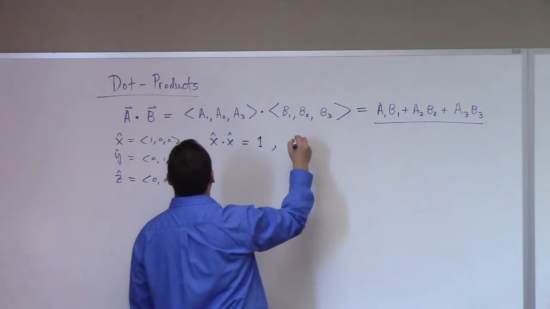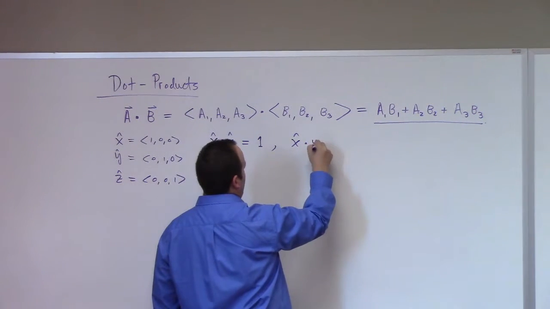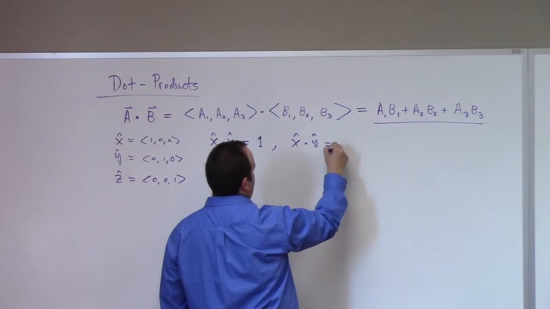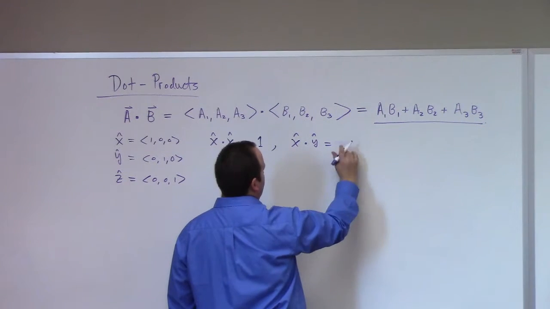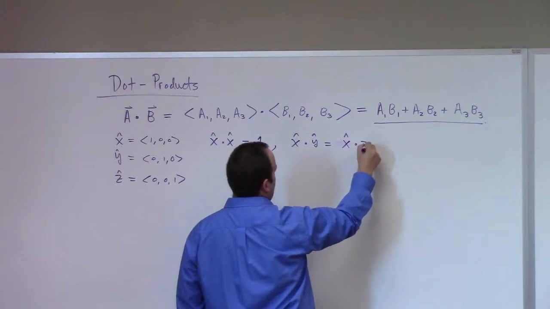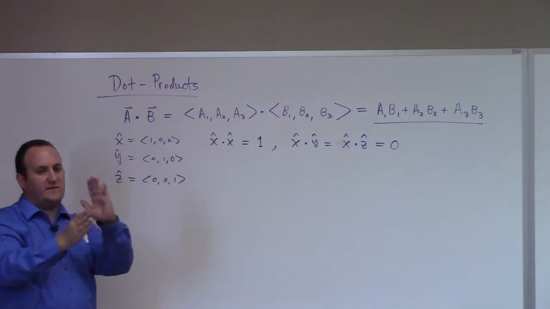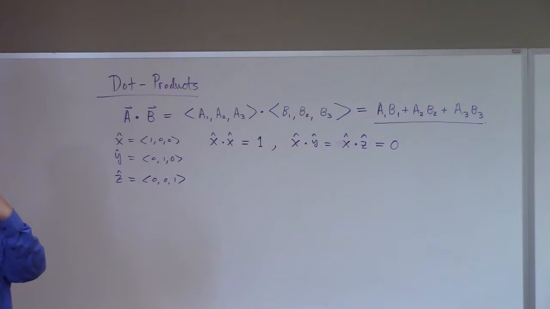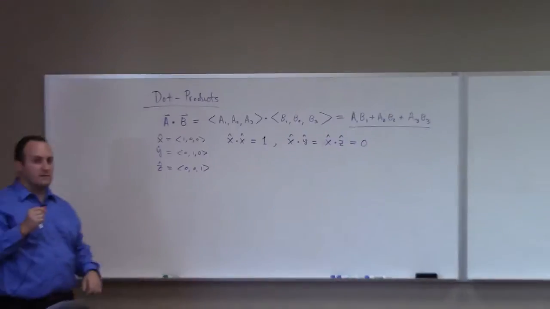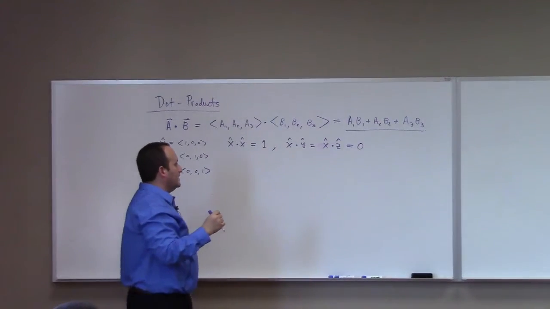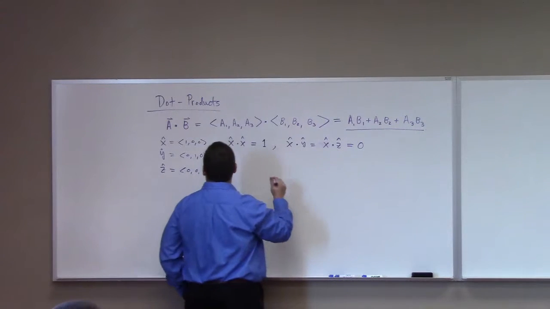On the flip side, x hat dot y hat and x hat dot z hat are both 0, because there is no matching component where both are non-zero. Either there's a 0 in the A or a 0 in the B. So those dot products are 0.